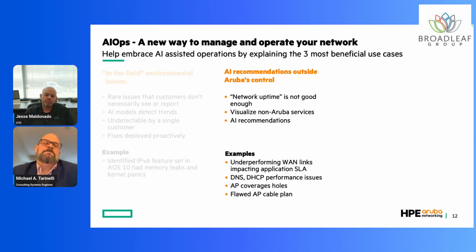Versus this one that I just talked about, the concept of those AI insights, those recommendations. Good examples, I've already mentioned a few. I talked about DNS or DHCP or underperforming WAN. Another good one is AP coverage holes, Wi-Fi coverage holes. If an installer doesn't hang access points on your Wi-Fi network in the correct place, it might lead to a coverage hole.